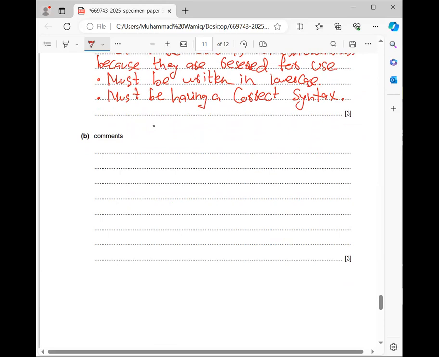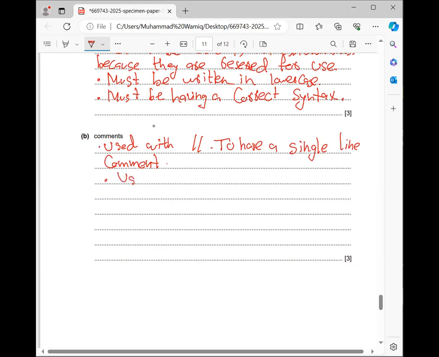The B part says comments. Why do I need comments? So I can write comments with a double slash. And double slash means a single line comment, meaning that everything after this is going to be ignored.